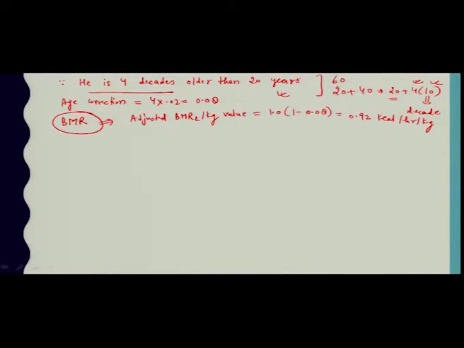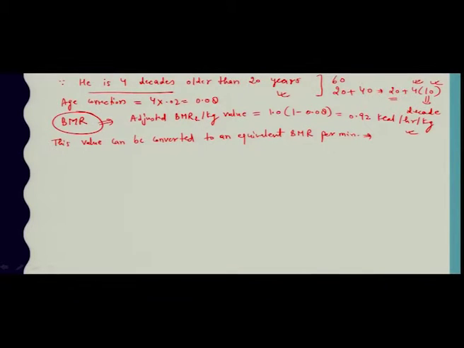So in this way this particular value is calculated, and this value can be converted to an equivalent BMR value per minute by just dividing by the number of minutes in a 24 hours period.